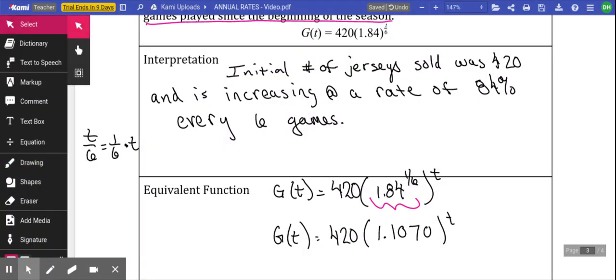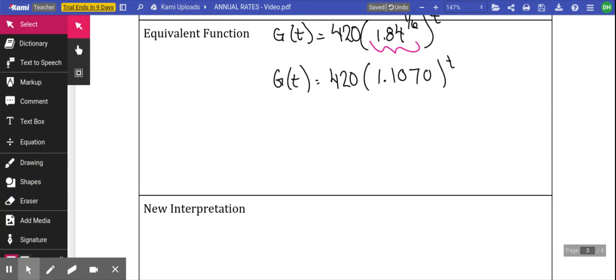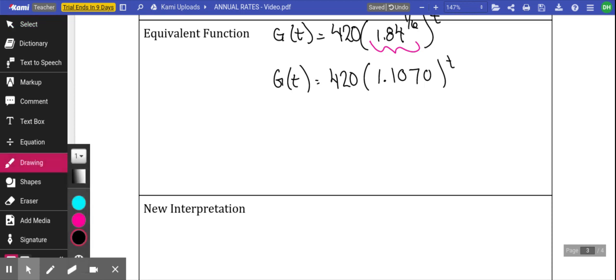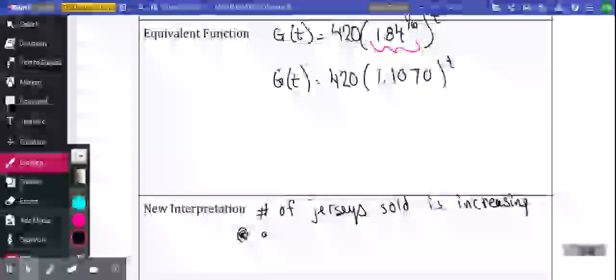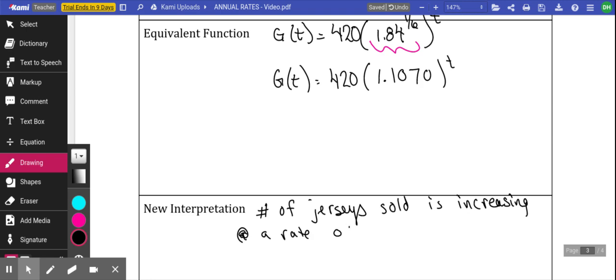So now the new interpretation here is that, of course, like we said, the initial value is still 420, and the number of jerseys sold is increasing at a rate of 10.70% after each game.